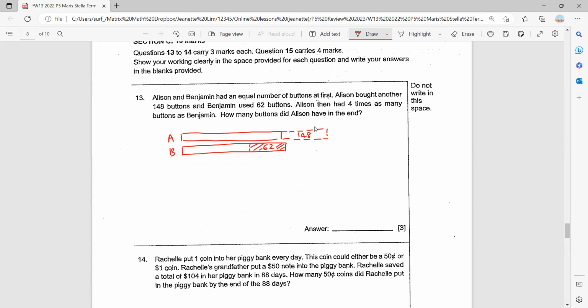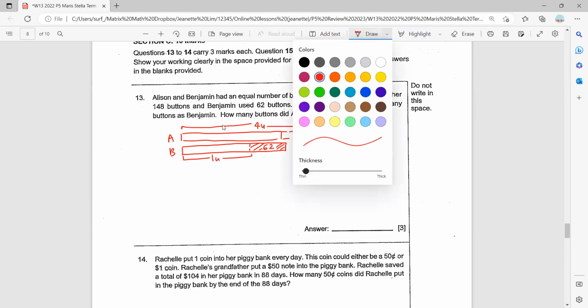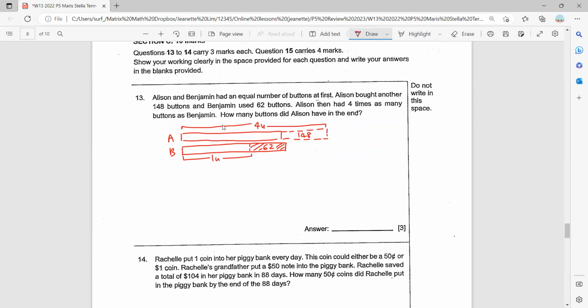Allison then had 4 times. So whatever she has in the end is 4 units. Whatever Benjamin has in the end is 1 unit. So how many units can we find? We can actually find this part here, which is 3 units. The difference in units is 3 units. To find 3 units, take 62 plus 148.